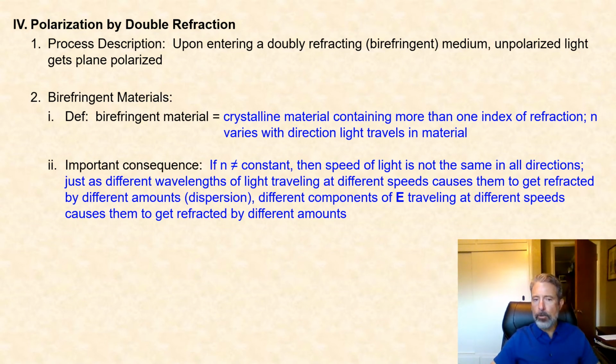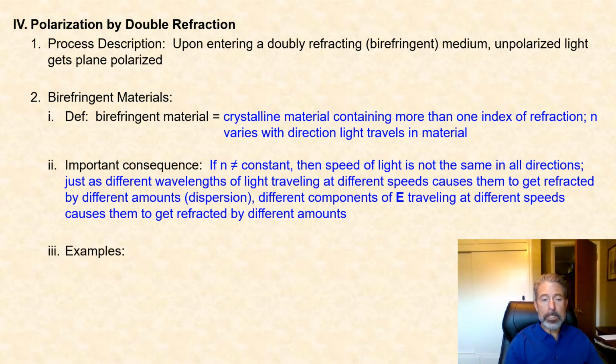Just as different wavelengths of light traveling at different speeds causes them to get refracted by different amounts, remember, this is the phenomenon we call dispersion, different components of the electric field traveling at different speeds causes them to get refracted by different amounts as well.